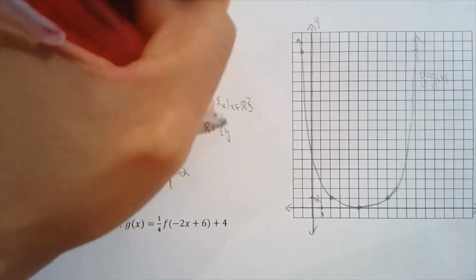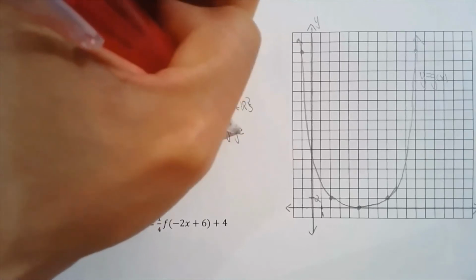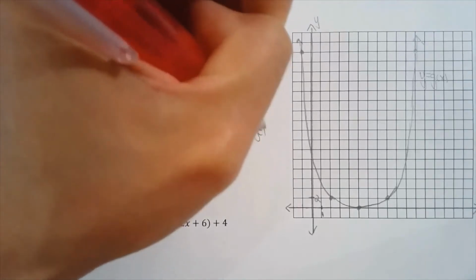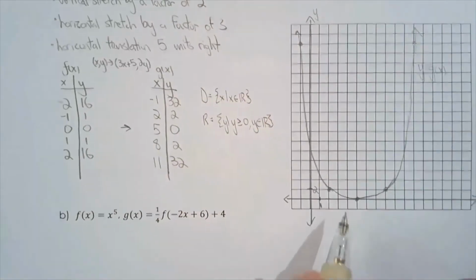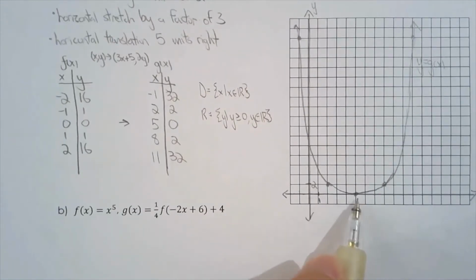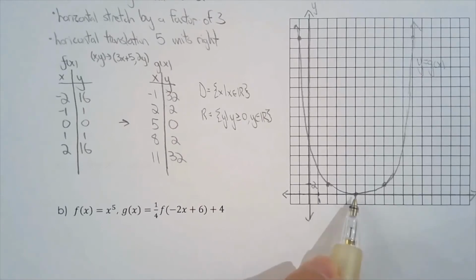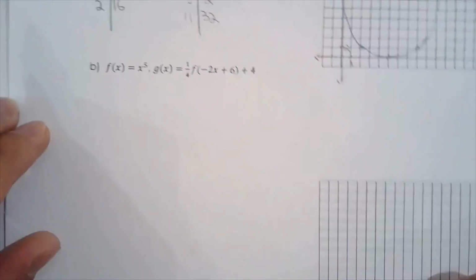Range, greater than or equal to 0. And that global minimum point used to be at the origin, but now it's 5, 0, which makes sense because your translation is 5 to the right, and there is no vertical translation. So it used to be 0, 0, now it's 5, 0. So it makes perfect sense. Everything is checking out so far for this graph.